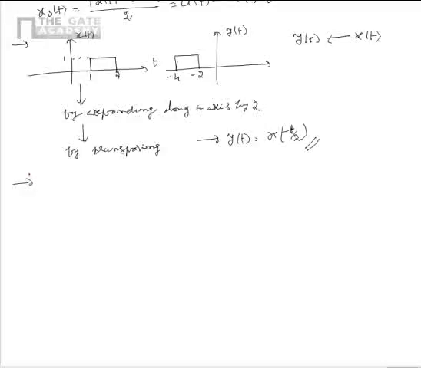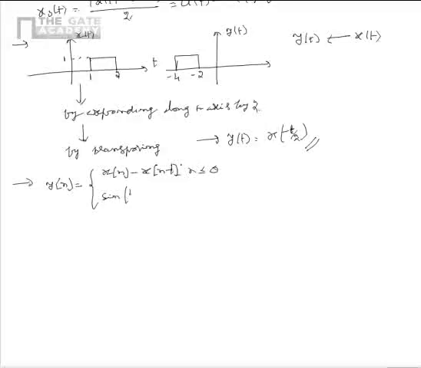Now, let us consider another problem, in which the input output relation is given as shown, that is y of n is equal to x of n minus x of n minus 1. This is for n less than or equal to 0.